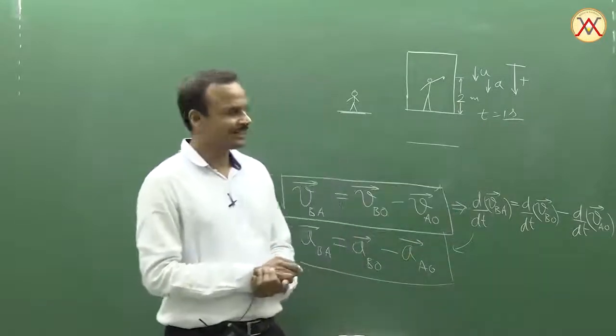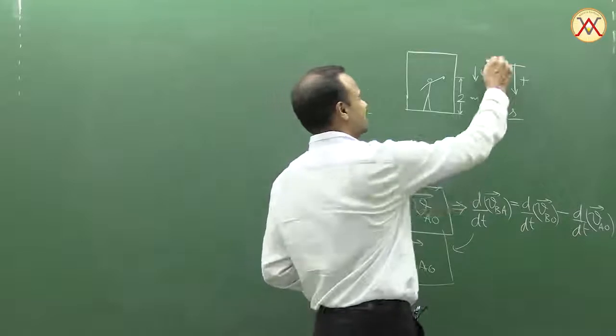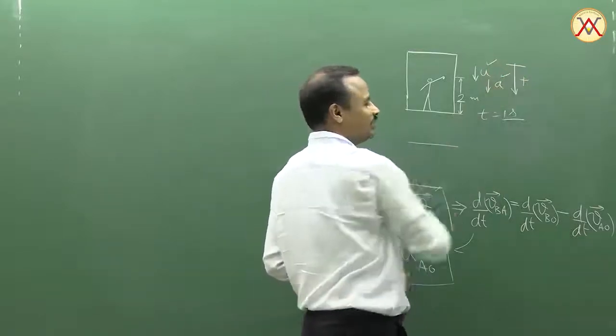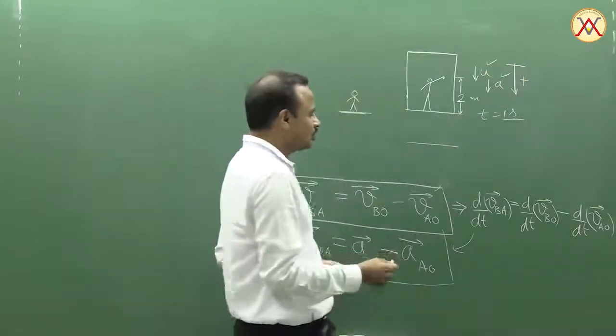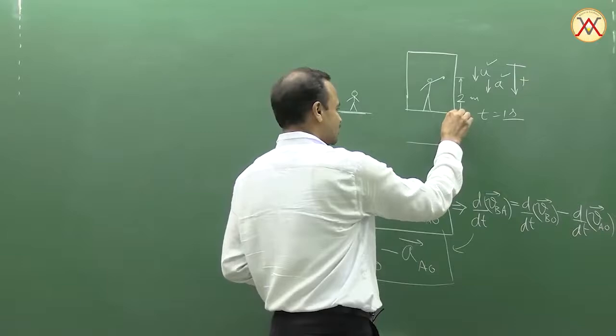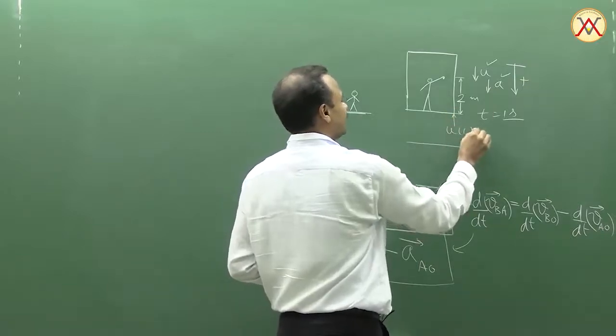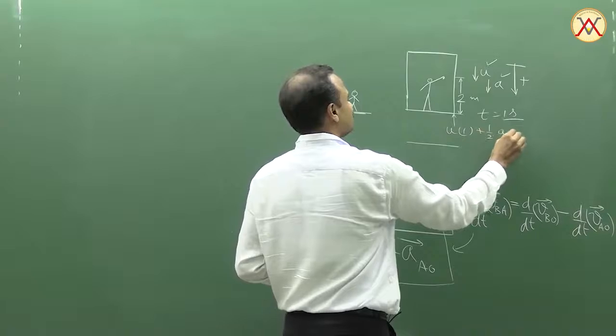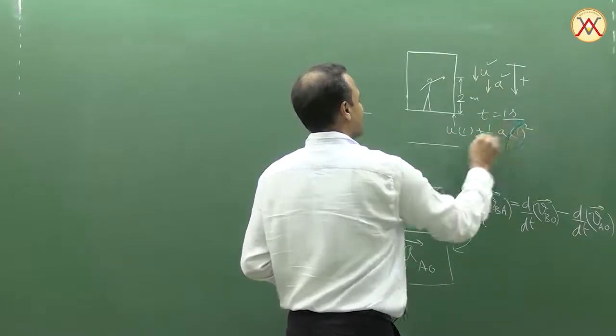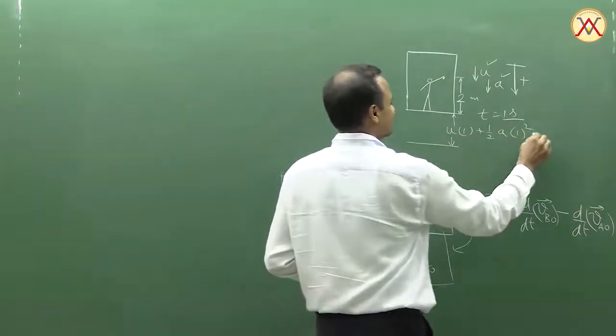We can apply the second equation of motion. We know the initial velocity of the elevator and we also know the acceleration. So, ut plus half at square. The displacement of the elevator will be u into time, which is 1 second, plus half into a into 1 squared. So, this is the displacement of the elevator.